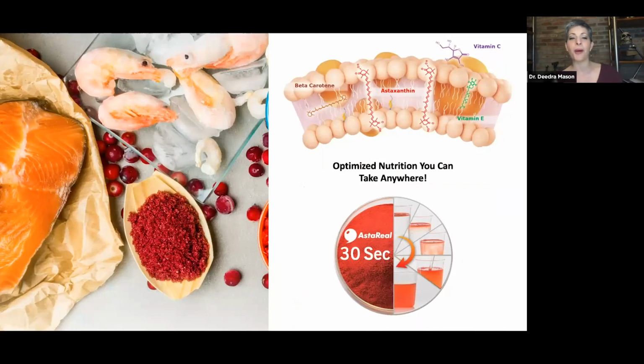Now, astaxanthin comes in 2 forms, a cold water soluble form in isotonics, as well as in a gelatin soft gel form, both using the clinically evidenced ingredient astaxanthin, both at a potent amount of 6 milligrams.